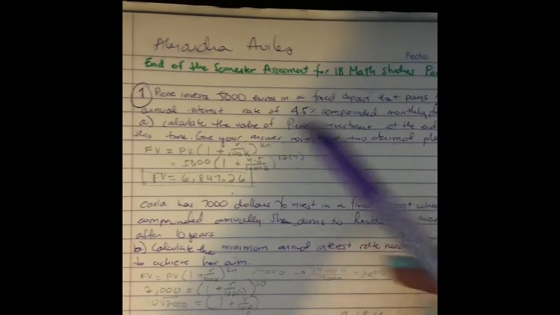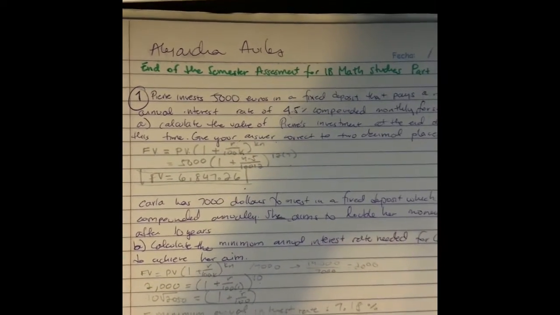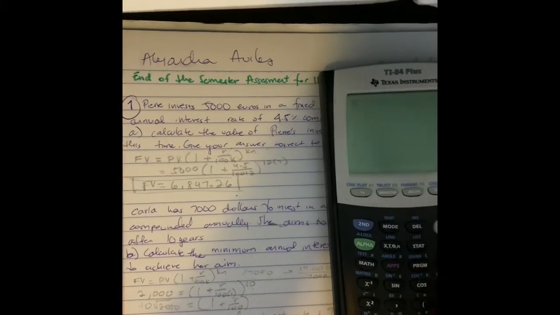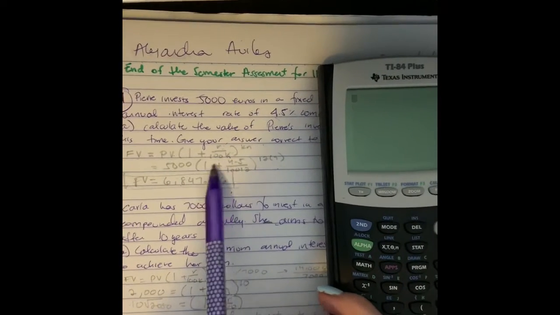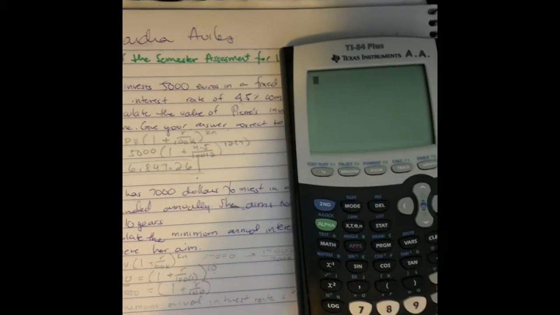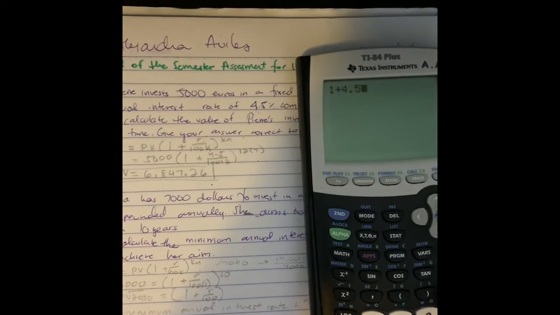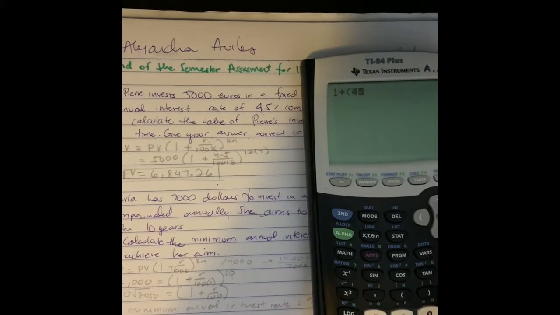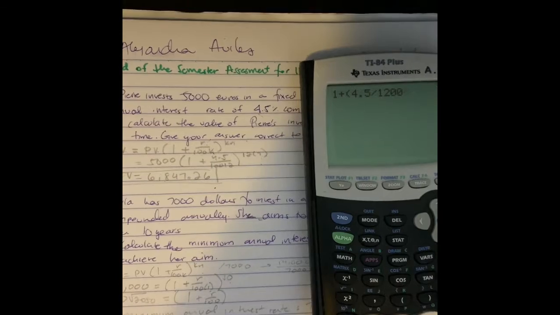I'll have to plug in the second problem the same way, so to save a little time, I'll show you how I do these problems once with this one. To avoid getting confused, even though it's a little less practical, I start with this part here. I plug in 1 plus (4.5 divided by 1,200).